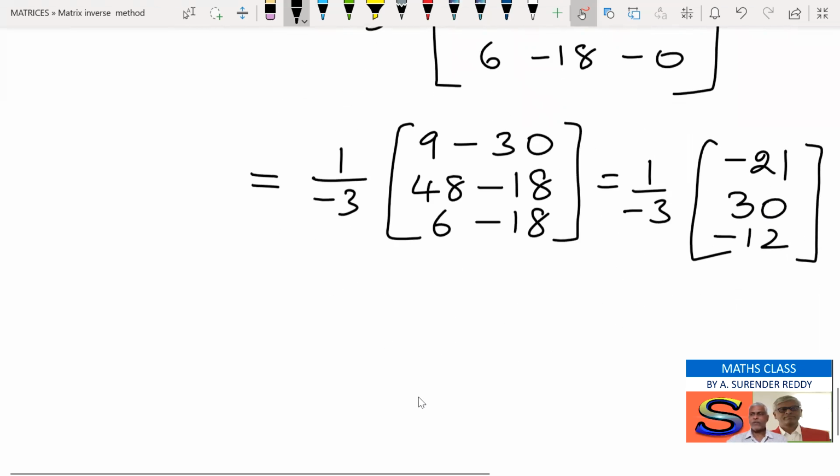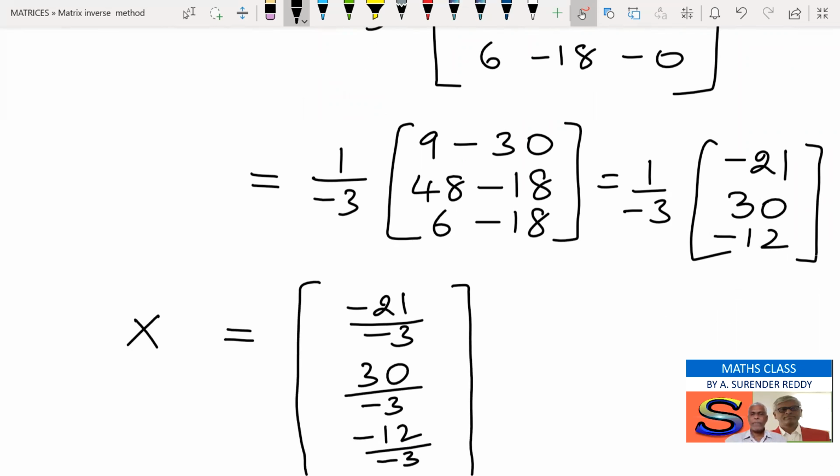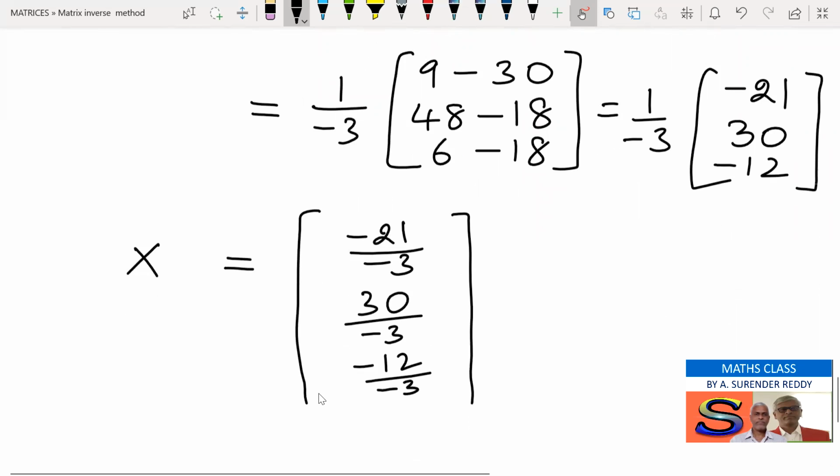Now, divide all three elements by minus 3. So now X is equal to minus 21 by minus 3, 30 by minus 3, minus 12 by minus 3. So this is the final matrix. Minus minus will get cancelled. This will be 7, this is minus 10, this is 4.